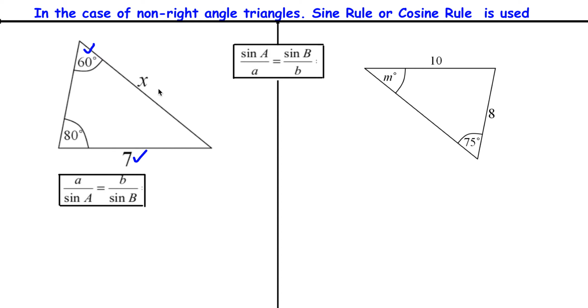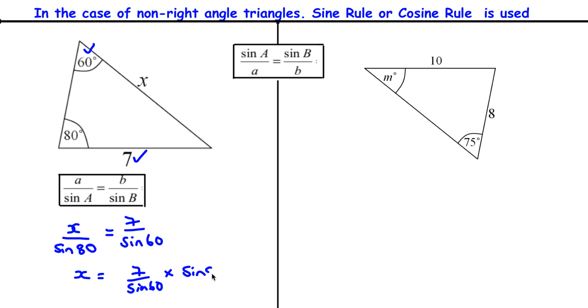Okay, now, let's take a look at how we'd answer this. Now, your unknown, which is x, is the one that gets placed on top. Opposite the x, the angle that corresponds to it, is 80. So always next to the angle you want to write sine. Now that is equal to this side, which is 7, over sine 60. Now you need to get x on its own, so you're going to take sine 80 and bring it to the other side.